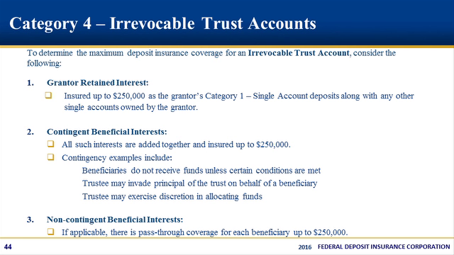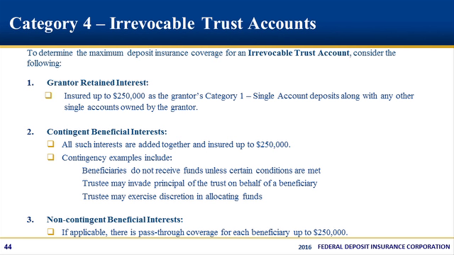Examples of situations that create contingent interest include: 1. Does the irrevocable trust agreement provide that one or more beneficiaries will not receive some or all of their designated bequests unless certain conditions are satisfied? 2. Does the irrevocable trust agreement provide that a trustee may invade the principal of the trust, with the result that the funds available for the other beneficiaries may be reduced or eliminated?